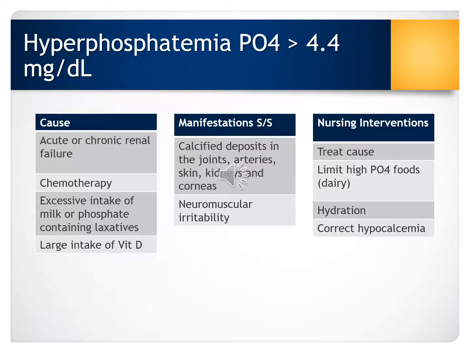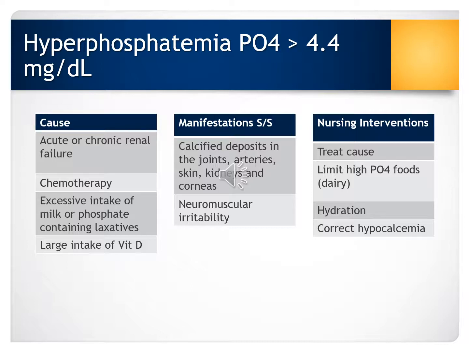Hyperphosphatemia, or high phosphate levels, is most often caused by acute or chronic renal failure, and this is because of the altered ability of the kidneys to excrete phosphate. It can also happen with patients who are receiving chemotherapy, and this is due to the composition of the chemo.